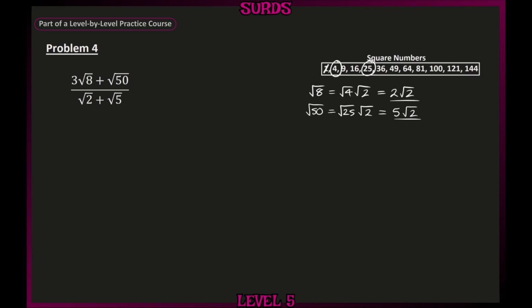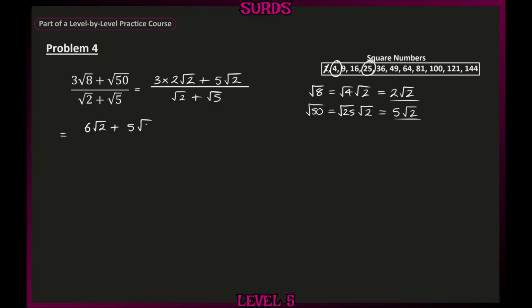So this means that our original fraction becomes 3 times root 8, and instead of root 8 we have 2 root 2, plus root 50, and in place of root 50 we have 5 root 2, and that's all still being divided by root 2 plus root 5. Now if we simplify the numerator here, 3 times 2 root 2 is 6 root 2.